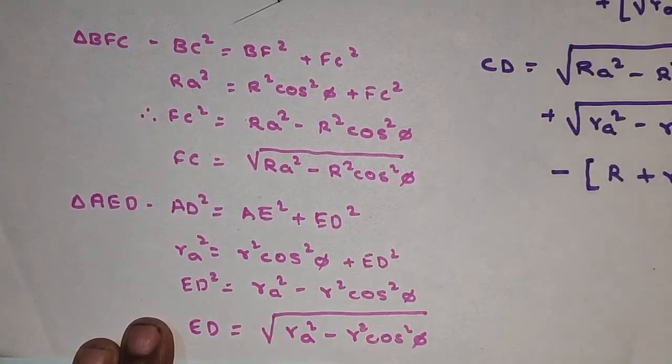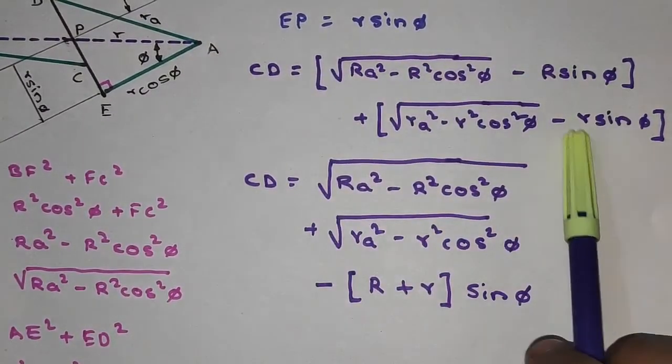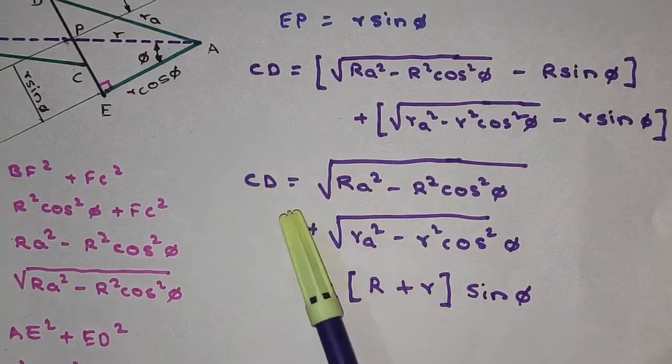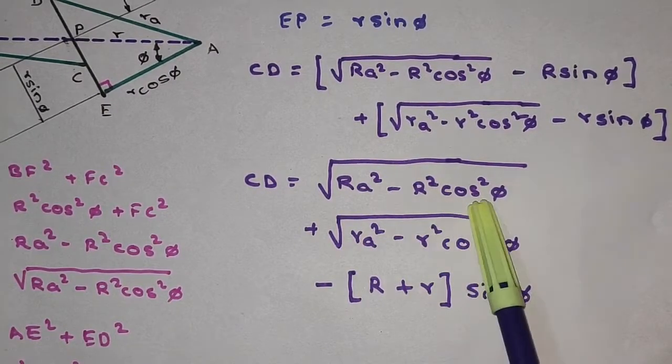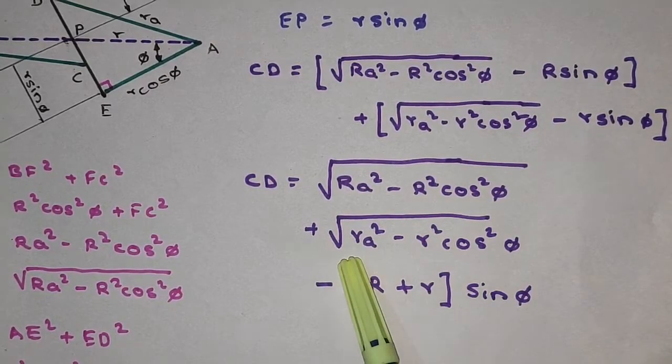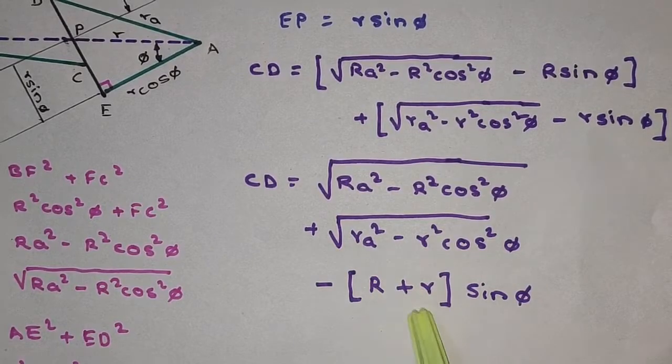Now these values we shall substitute in the expression for CD, and we simplify it and we get CD is equal to root of RA square minus R square cos square phi plus root of small ra square minus small r square cos square phi minus capital R plus small r into sin phi.